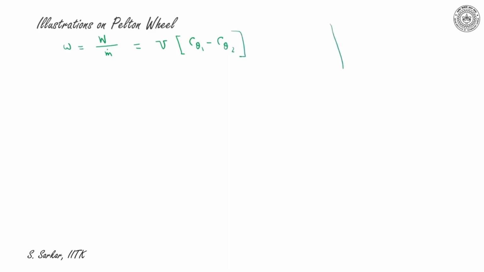Now look, c theta 1 is equal to u plus w1. C theta 2 from the velocity triangle would be equal to w2 cos beta 2 minus u. And as per the sign convention, c theta 2 would be negative because c theta 2 acts in the opposite direction of u, considering the velocity triangle.